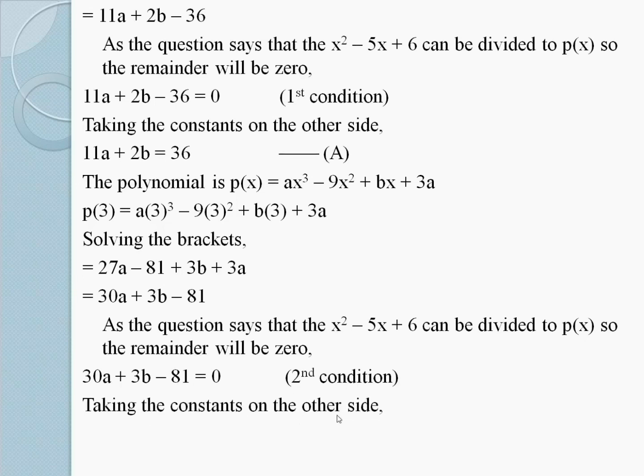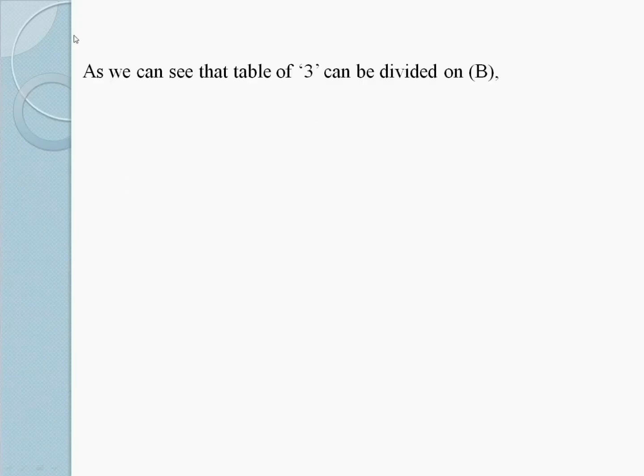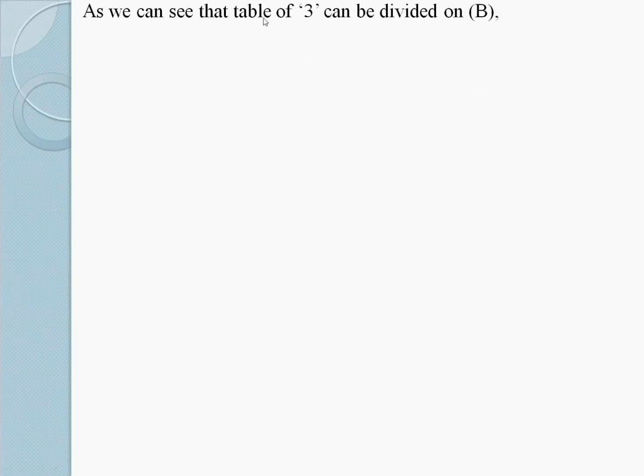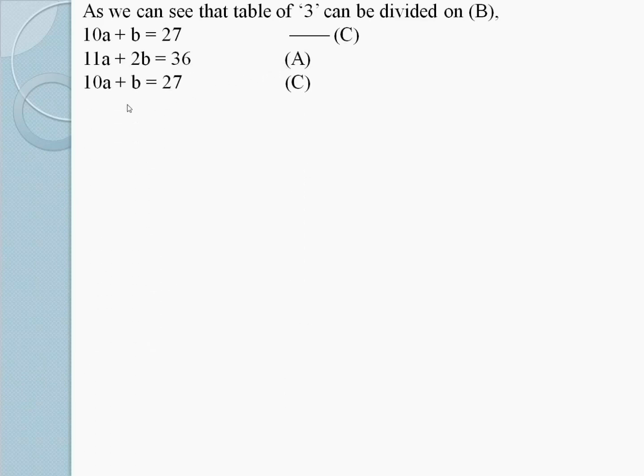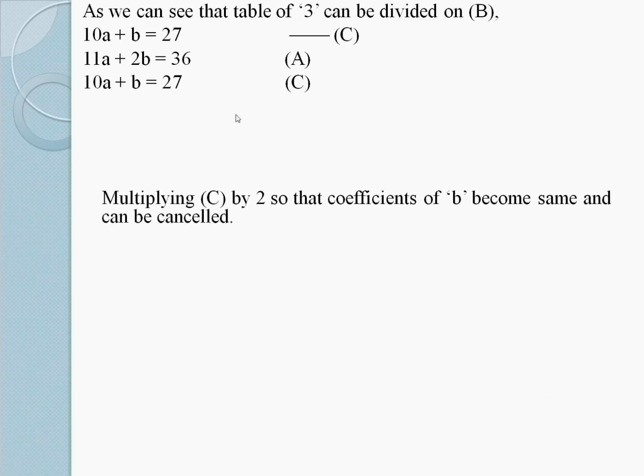Taking constant on the other side, 30a plus 3b equals 81, equation B. As we can see that the table of 3 can divide B, 10a plus b equals 27, equation C. 11a plus 2b equals 36, equation A. 10a plus b equals 27, equation C.